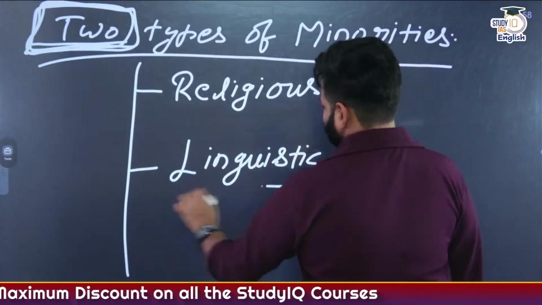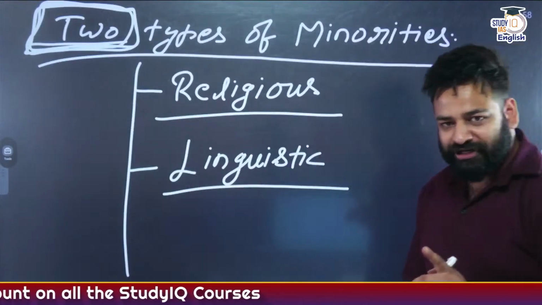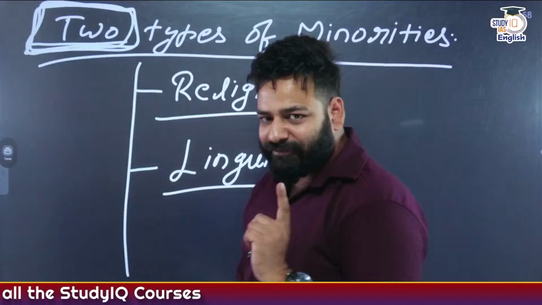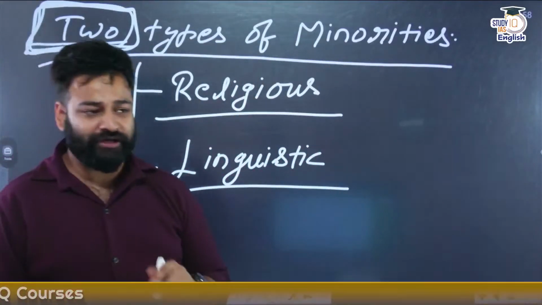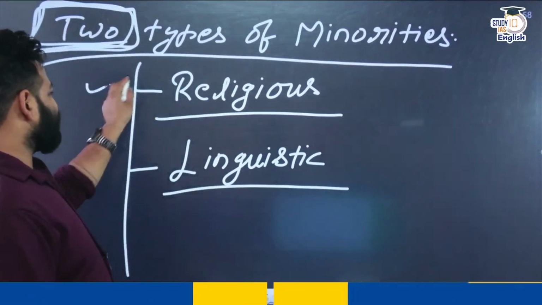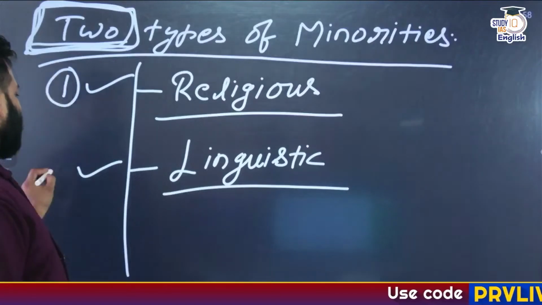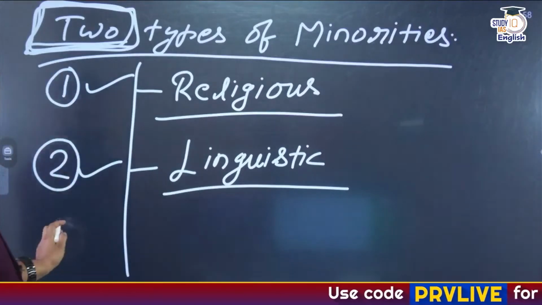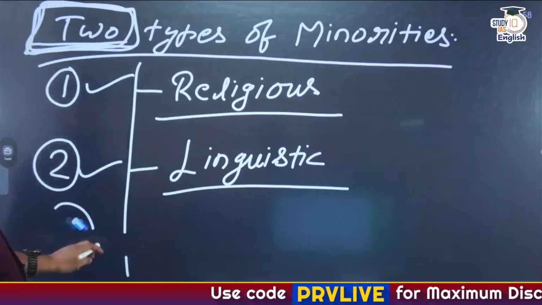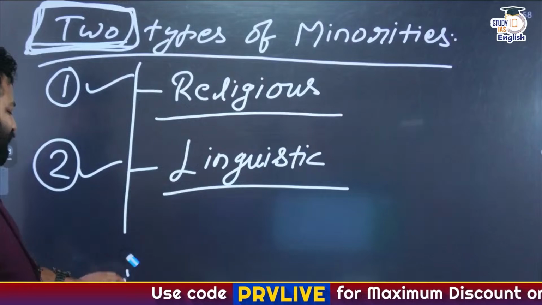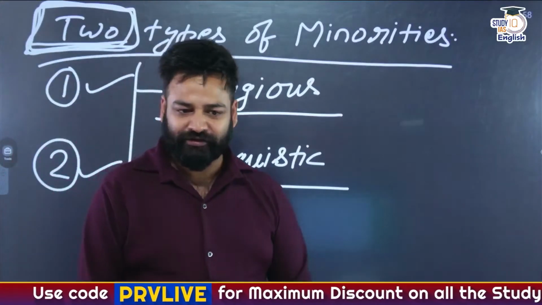There are only 2 types of minorities as justified by the Constitution. There doesn't exist any third type. Religious minorities as well as linguistic minorities, 1 and 2. That's it. There is nothing known as a third sphere of minorities according to the Constitution.